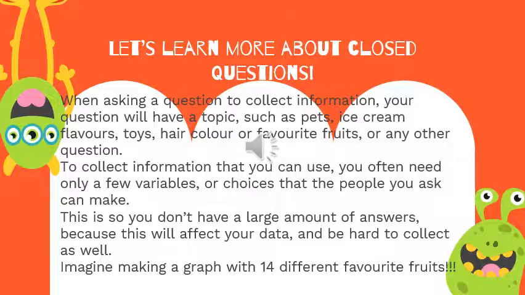This is so you don't have a large amount of answers, because this will affect your data and be hard to collect as well. Or it should have a few variables and not just be able to be answered with a yes or no. Imagine making a graph with 14 different favourite fruits.